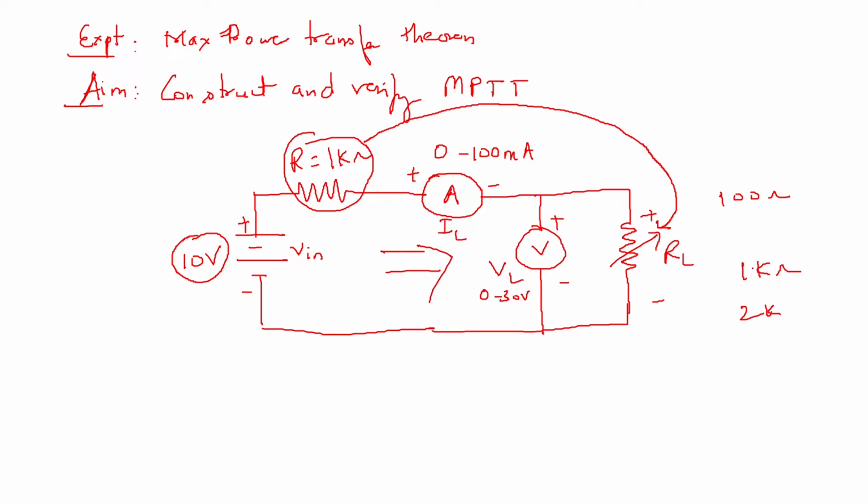We should show that when this resistance is equal to 1K, which is the same value as the internal resistance of the circuit, then at that time the power delivered at the load will be maximum. Now in that case, we have to maintain an observation table which can be seen like this.